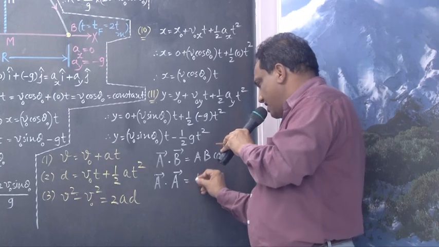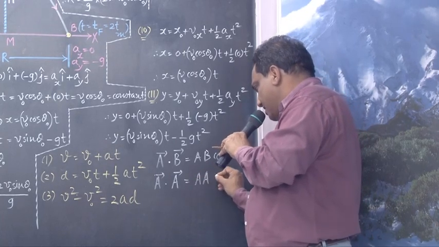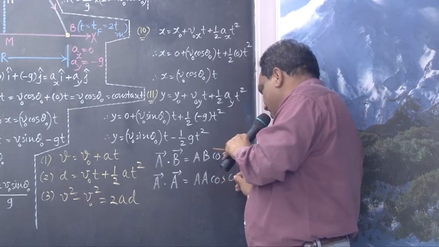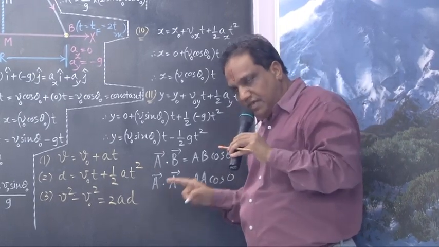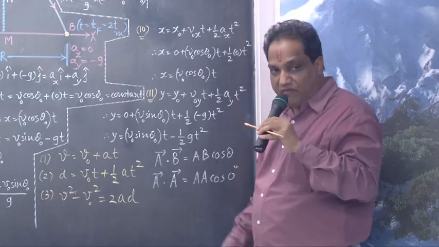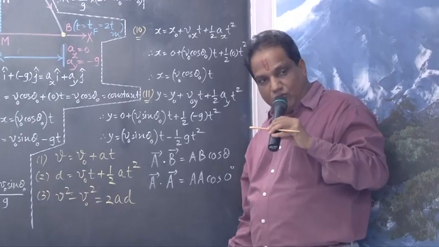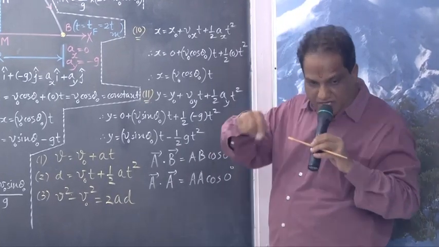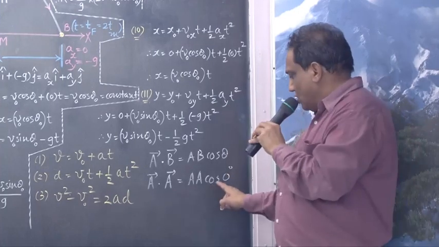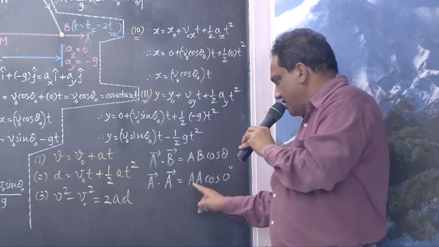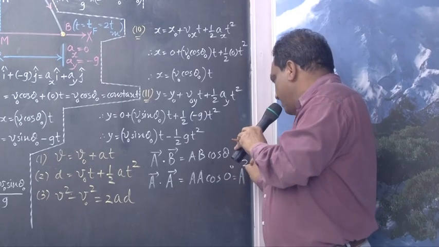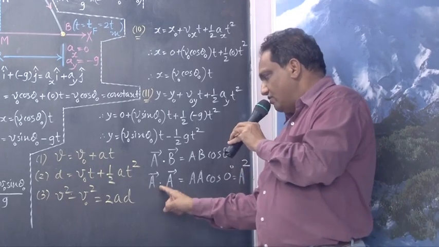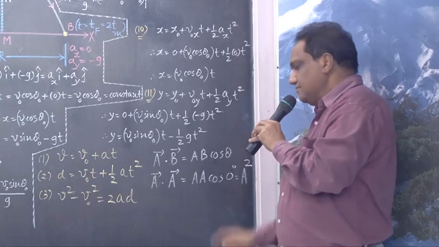So a times a cos 0 degree, because two vectors that are the same must have the same direction. The angle between two vectors in the same direction is 0 degree. Cos 0 degree is 1. So a square. So tell me everybody, vector a dot vector a is how much?